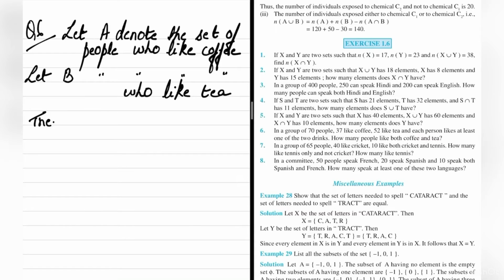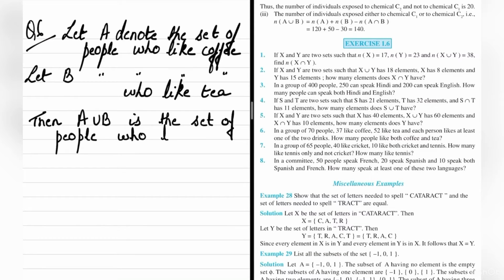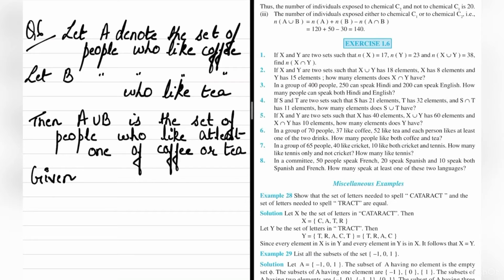Then A union B is the set of people who like at least one of coffee or tea. Okay, so now let's write the given quantities.